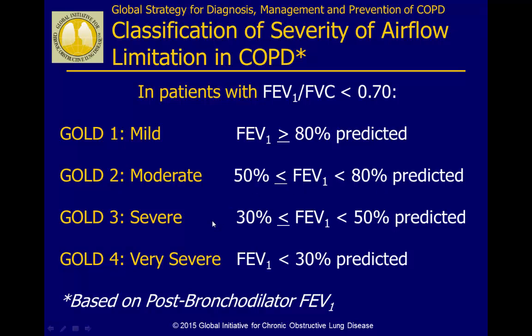You're severe when you're less than 50% or more than 30%, and you're very severe when you're less than 30%. And all of this is based on pre and post bronchodilator therapy. So if you look, by the main definition for COPD, when it's diagnosed, they're already at the moderate level.